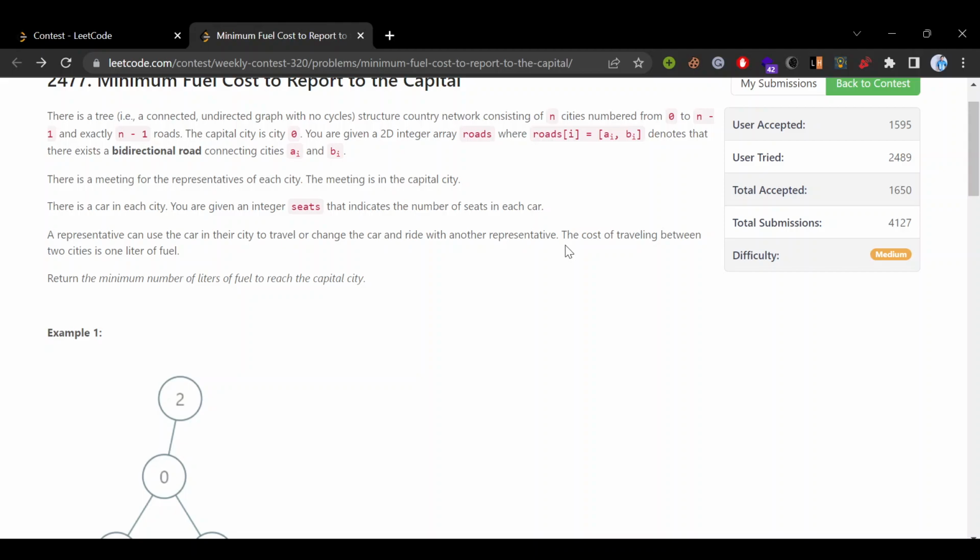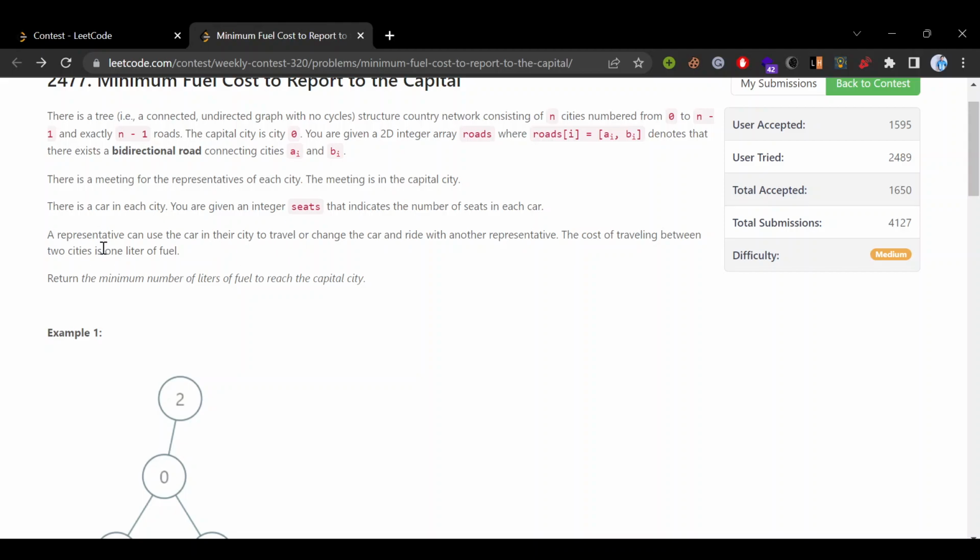Either you can ride along with that representative, saying, can I carpool with you, and we both go to the capital city, that is the meeting point. Or if there is no car that has some vacant space for that representative, then that representative will get their own car.